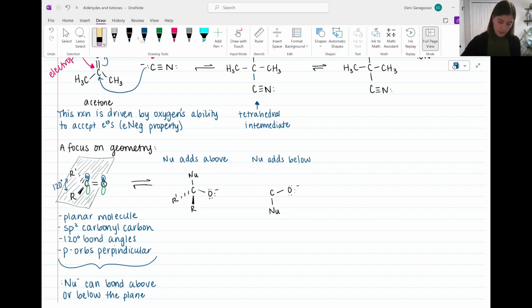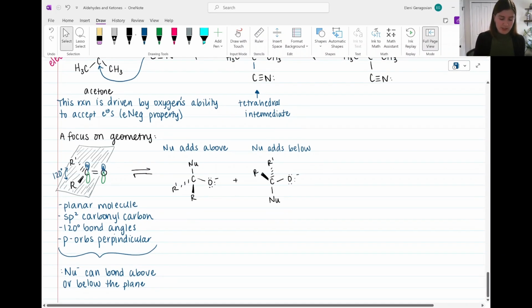But now they're pointed in a different orientation relative to the other groups. So we have R and R prime. So these are both possible intermediates, both will form. These have different stereochemistry, so we get both stereoisomers as products.